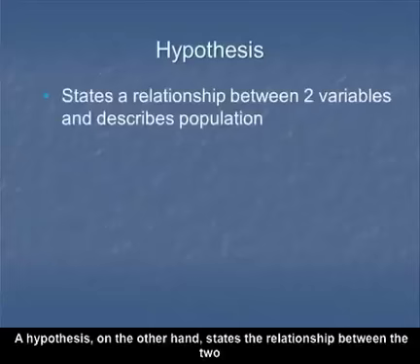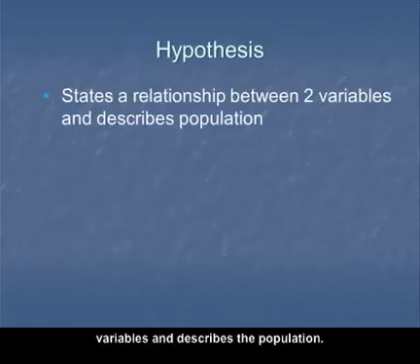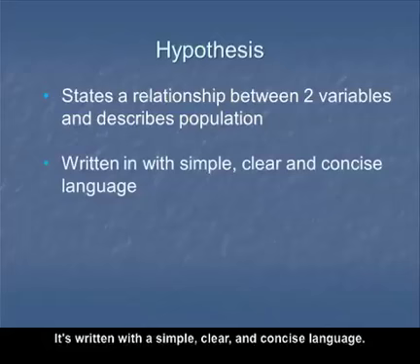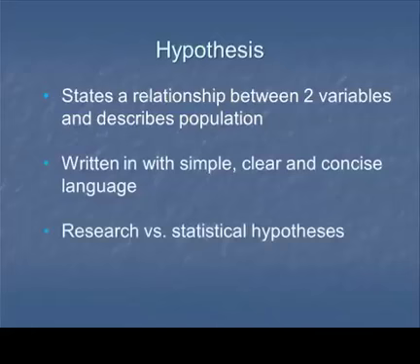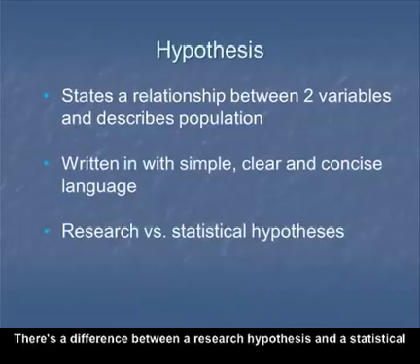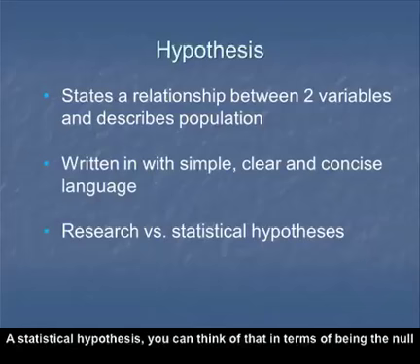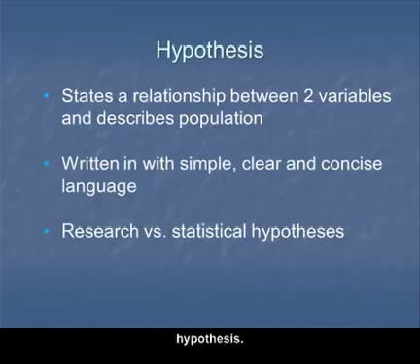A hypothesis, on the other hand, states the relationship between the two variables and describes the population. It's written in simple, clear, and concise language. There's a difference between a research hypothesis and a statistical hypothesis. A statistical hypothesis, you can think of in terms of being the null hypothesis.